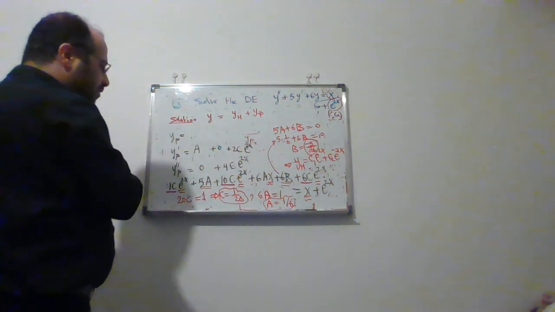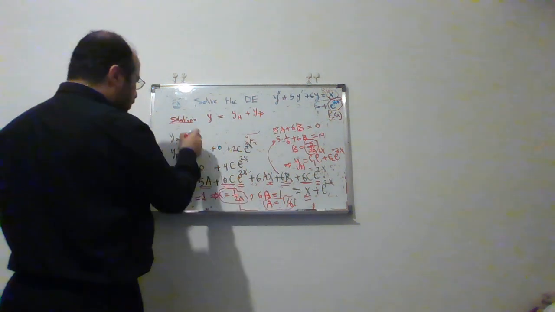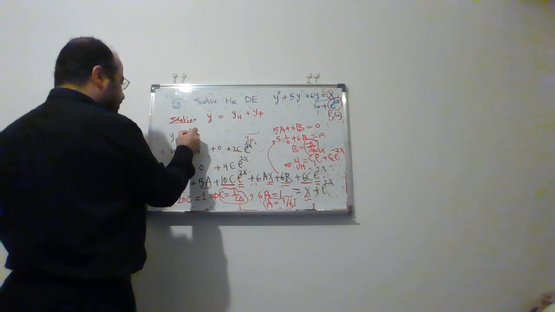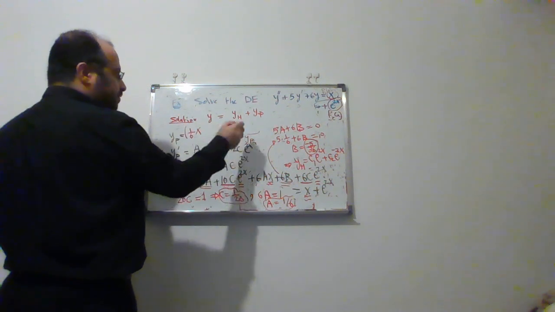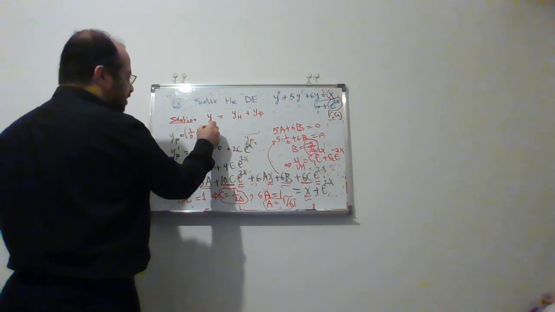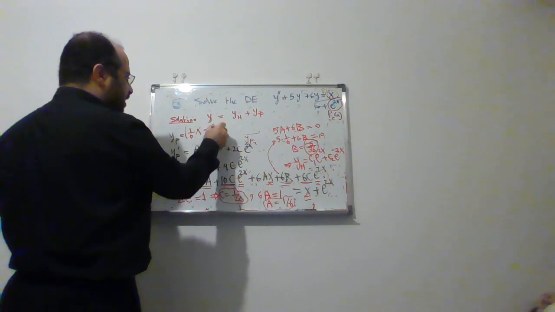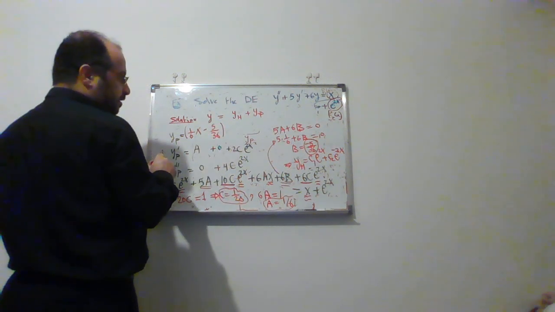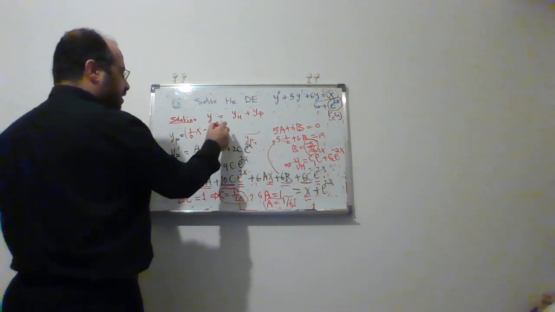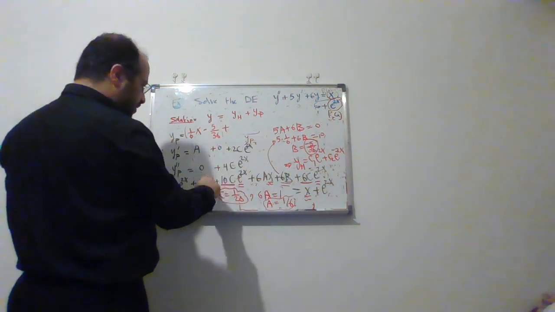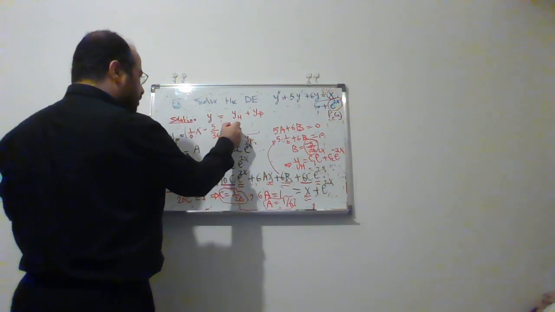So I'm getting the y particular, it is 1 over 6 x, yeah, minus 5 over 36. This is the first part, plus c, what was c here? 1 over 20.